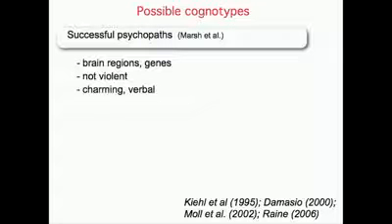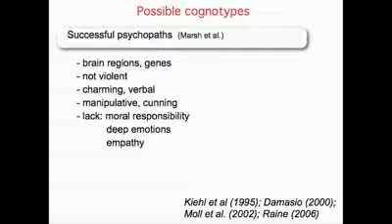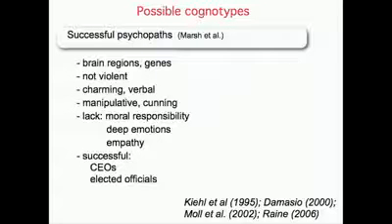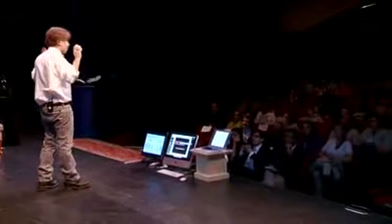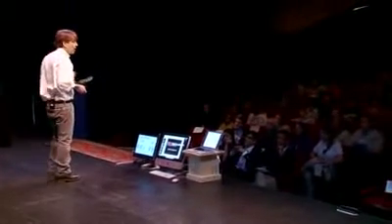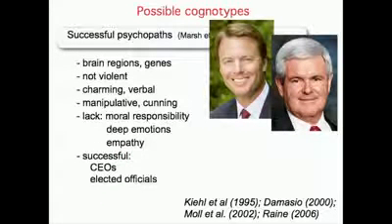Rather, they are charming, they're verbal, they're manipulative, and they seem to lack morals, emotions, and empathy. These people often succeed. They end up as CEOs of companies and elected officials. For real, not making this up. Often we can look at somebody, and we can't tell if they would score high on the psychopath scale because they haven't been tested.